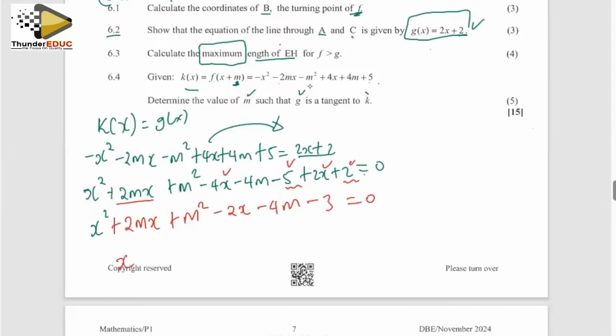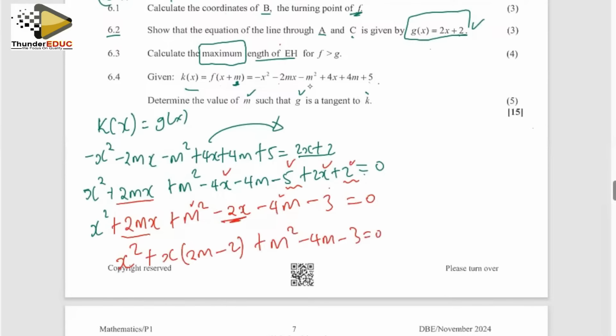So maintain the x squared, and then I'm going to group this together with this. What is common? The x is common. So I'm going to say x into, I have 2m minus 2. Then this one, this and this should be left on their own. So m squared minus 4m minus 3 is equal to 0.